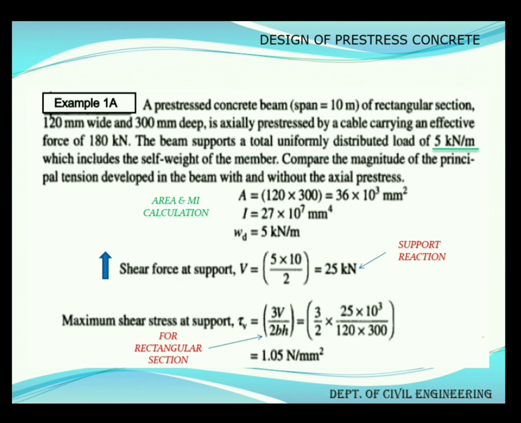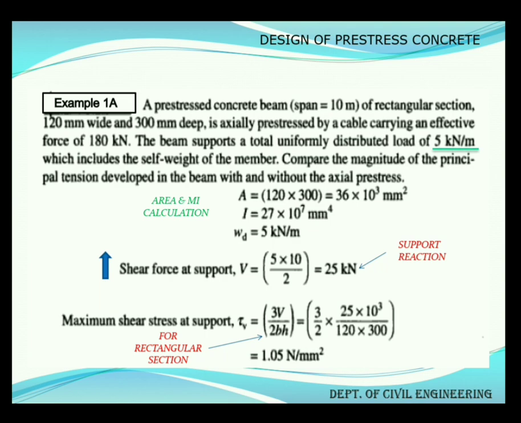First we compute the area and I, with B and D as the given data. Now you should be able to do all these things very fast. Then the support reaction, that is the shear force, we get as W into L by 2, which is 25 kilonewton. Therefore the maximum shear stress at the support, now we are directly using the formula for rectangular section, 3 by 2 into V divided by B into D or H, whichever term is there.